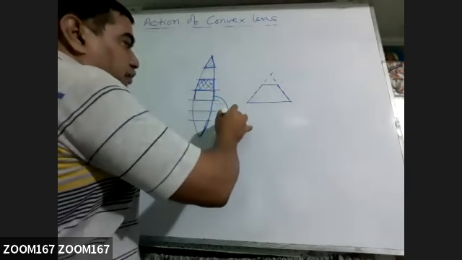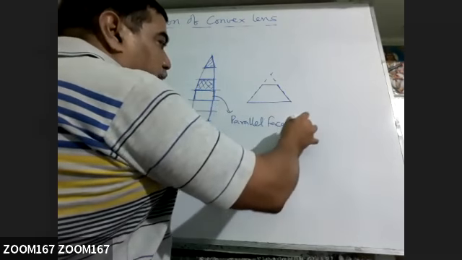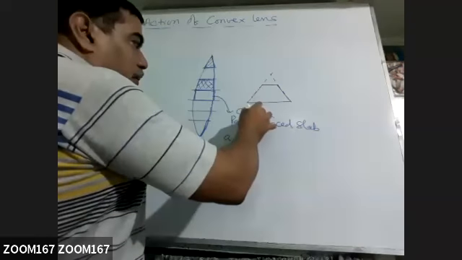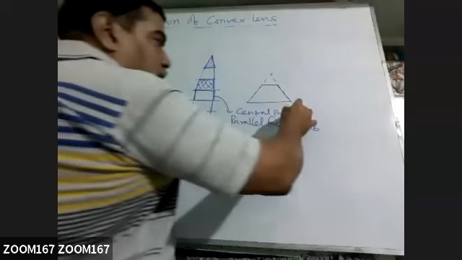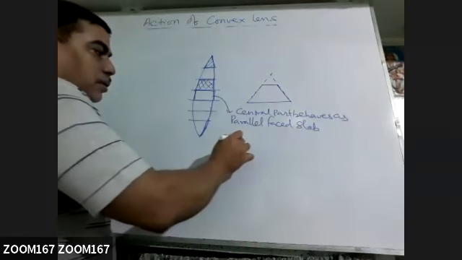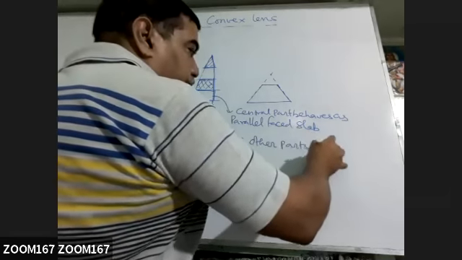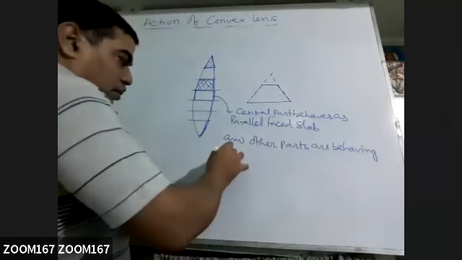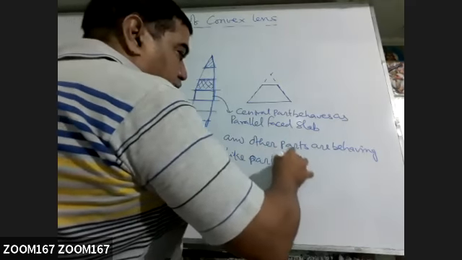So this central part is behaving like a parallel face glass slab, and the other parts are behaving like part of a prism.